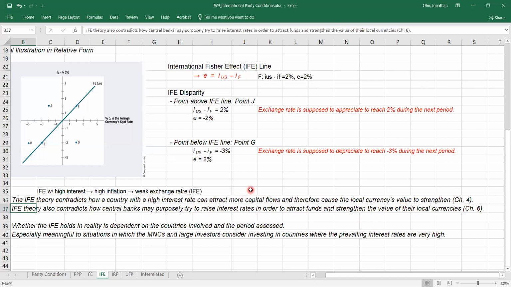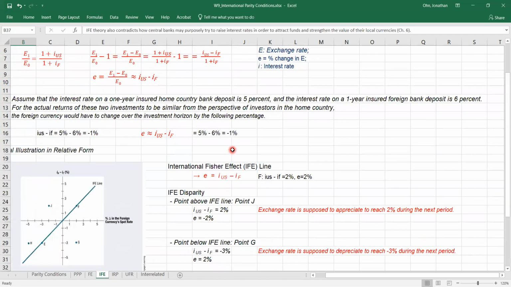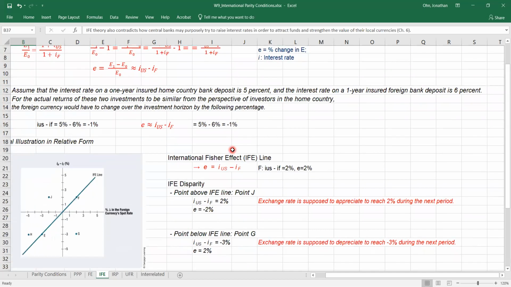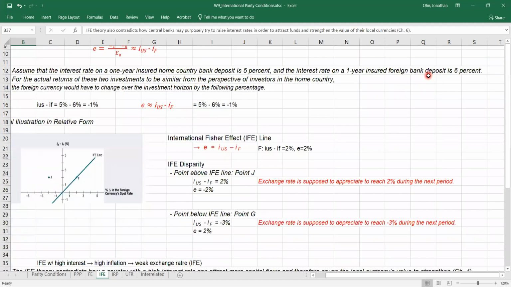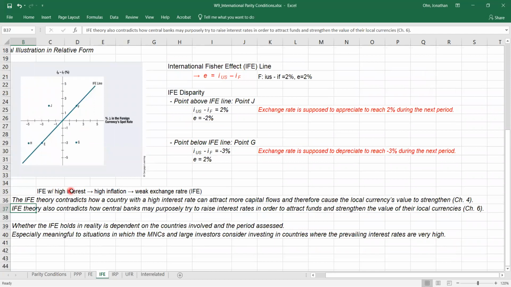So I told you that the international Fisher effect is a combination of purchasing power parity and the Fisher effect. So when we talk about international Fisher effect, you have to go through the Fisher effect and purchasing power parity, and we come to this conclusion.